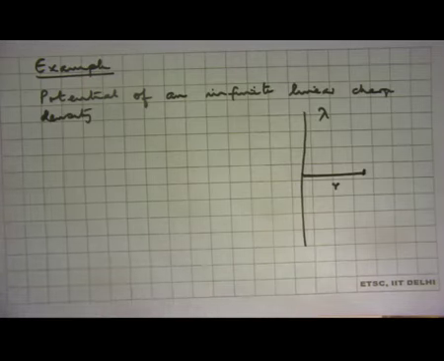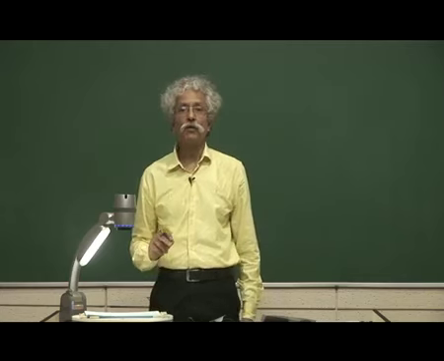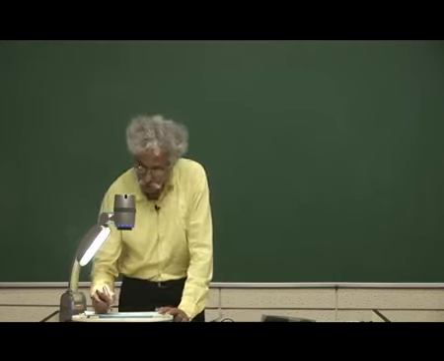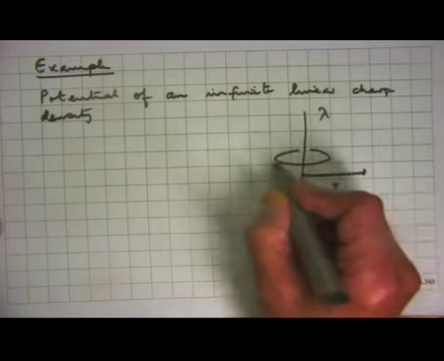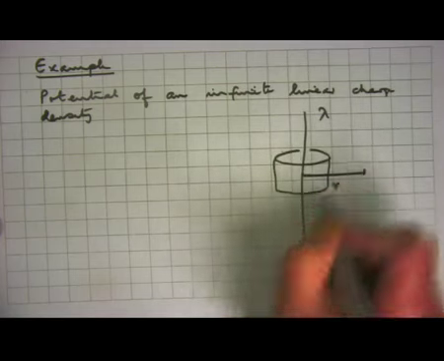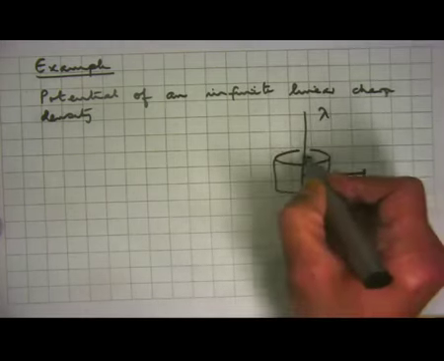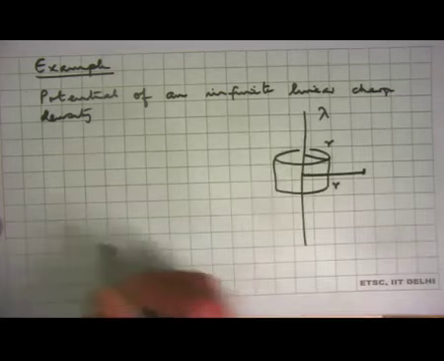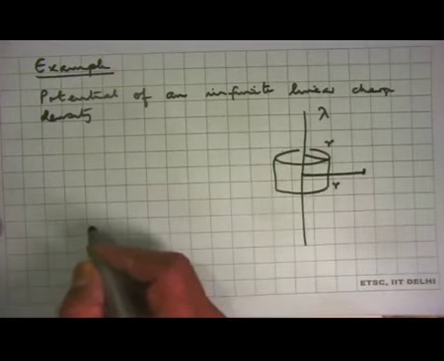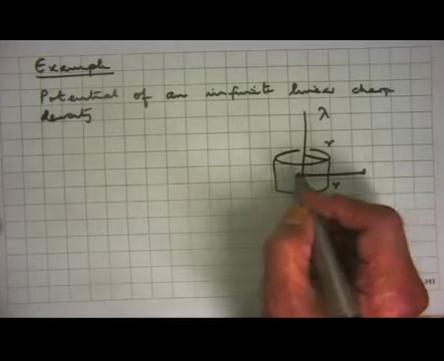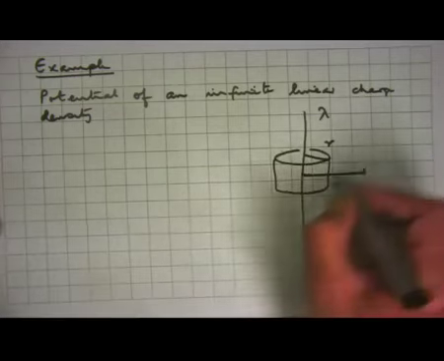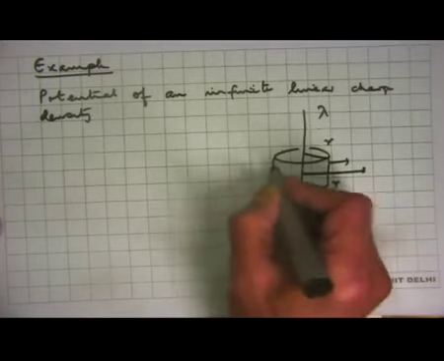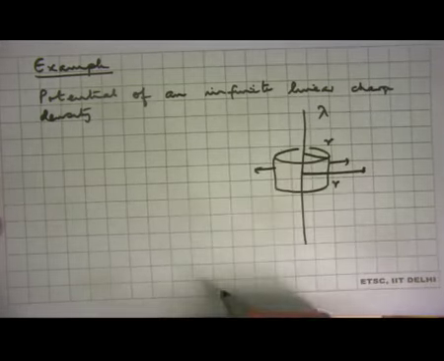Now, remember we had calculated the electric field of an infinite line charge. Let me recall: to calculate the electric field I take a Gaussian surface which is a cylinder of radius r. By symmetry arguments we said the electric field must be pointing away from the line charge, in this direction, if the line charge is positive.